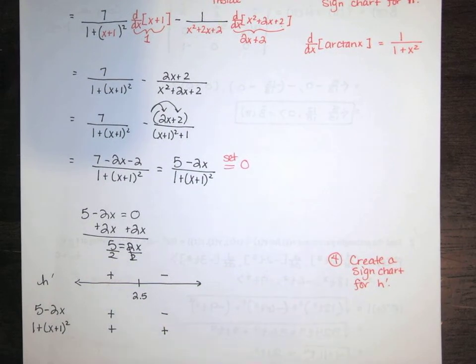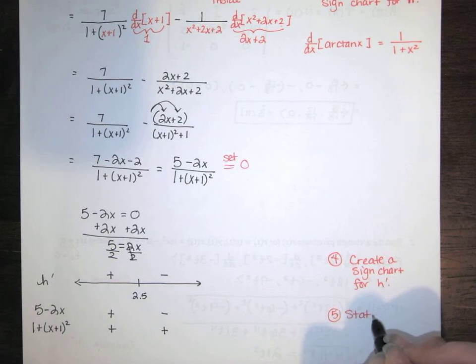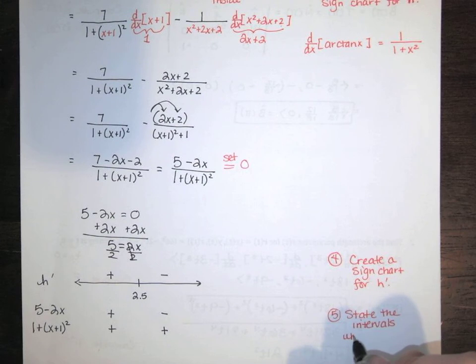Since I've got this sign chart, now I can state the intervals where the function h is increasing or decreasing.